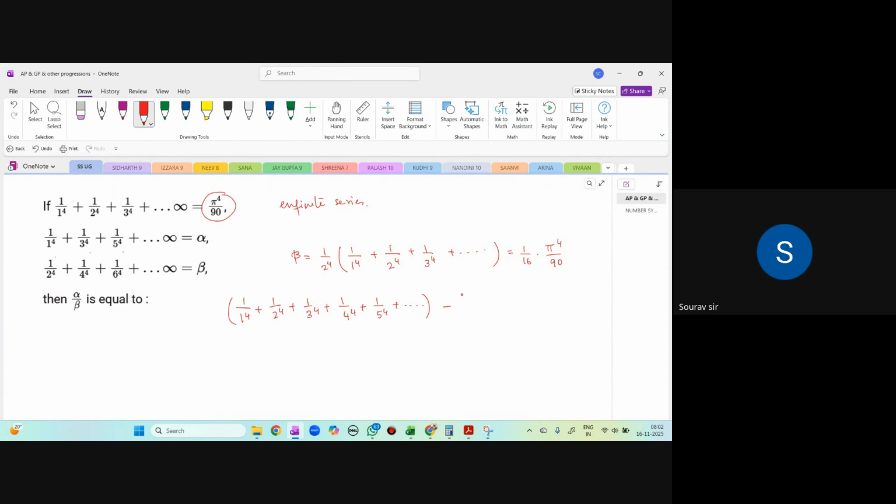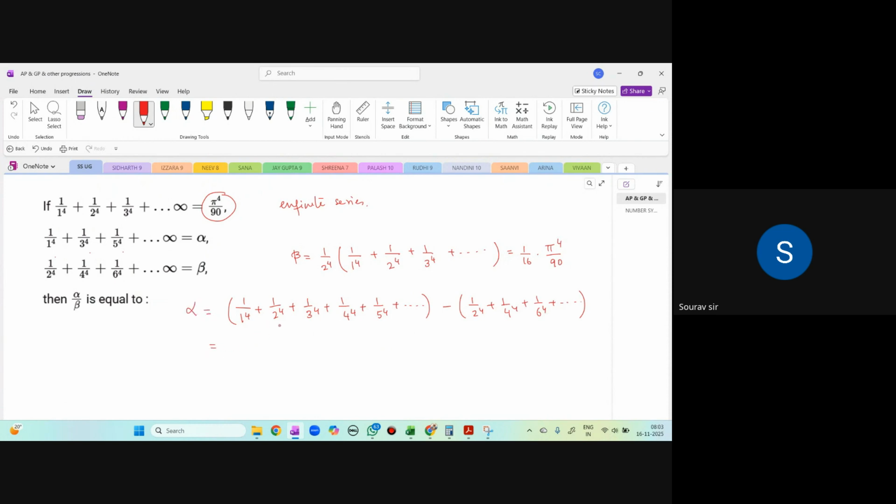From this, I subtract 1 by 2 to the power 4 plus 1 by 4 to the power 4 plus 1 by 6 to the power 4, etc. So this becomes the sum of the odd terms. So that means this is alpha.